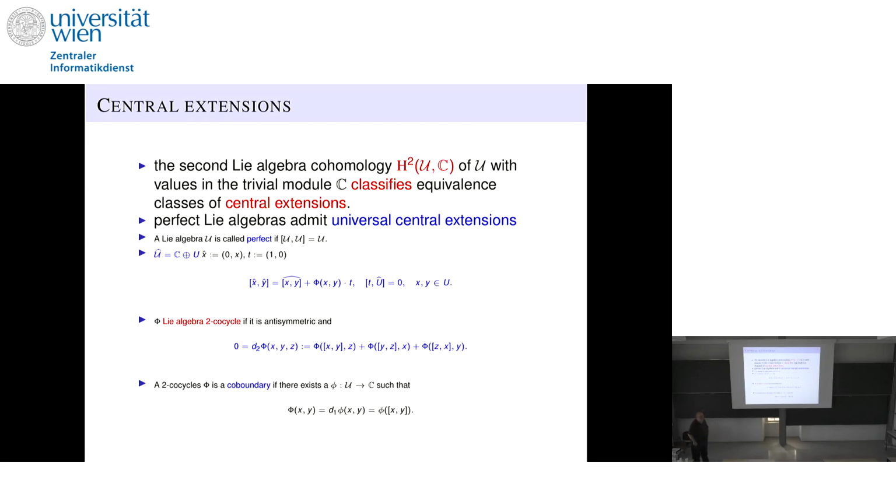For example, simple Lie algebras are perfect. Semi-simple ones are also perfect, but there are also others which are perfect, which are neither semi-simple nor simple. So exactly, the mathematical statement is that perfect Lie algebras admit universal central extensions.